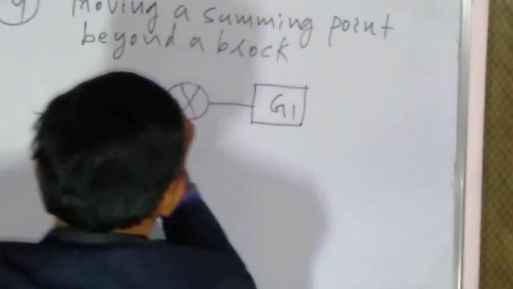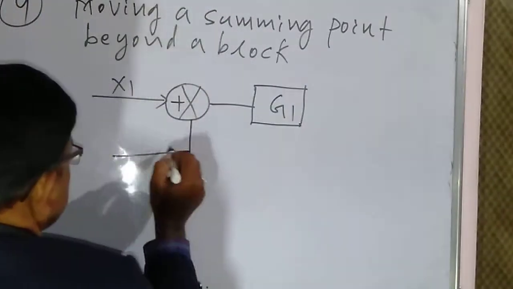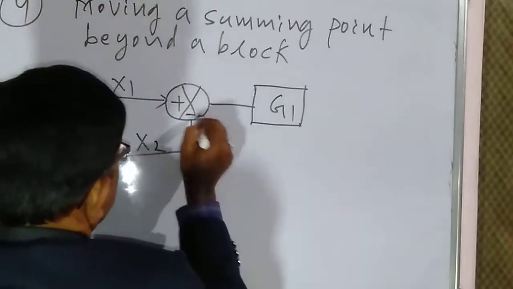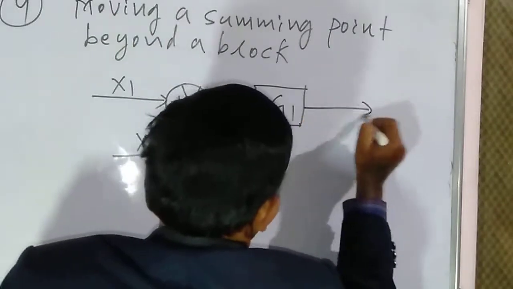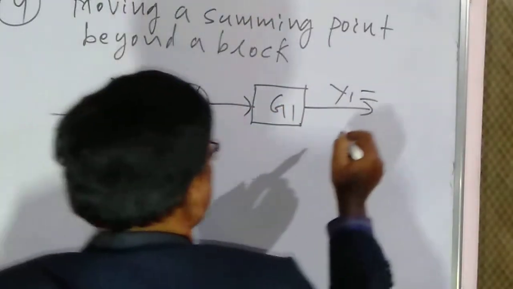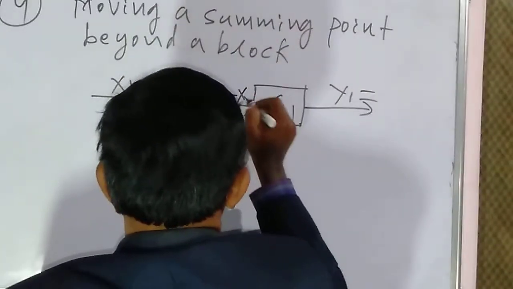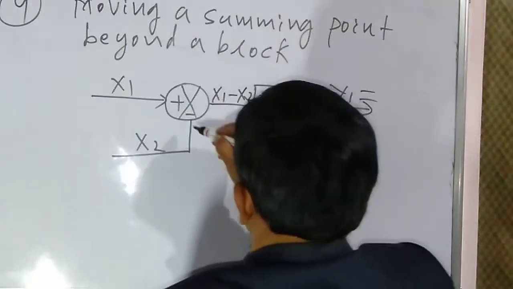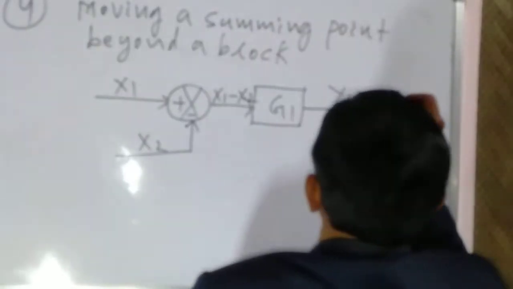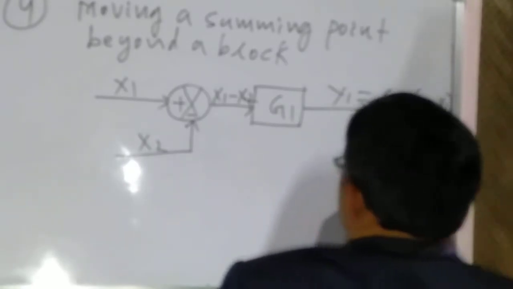So this is g1, x1 plus, let us assume that this is x2 and minus, and this is y1. So here y1 is equal to, here we are getting x1 minus x2, so g1 into x1 minus x2.